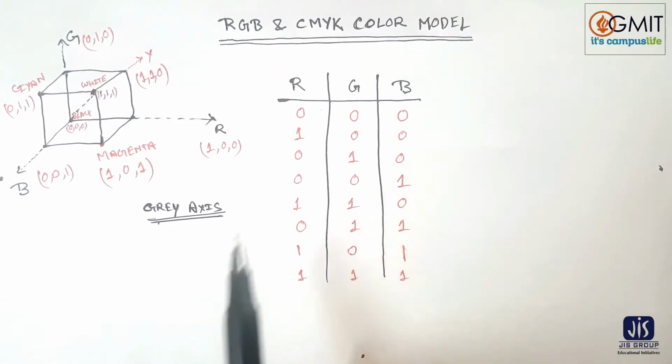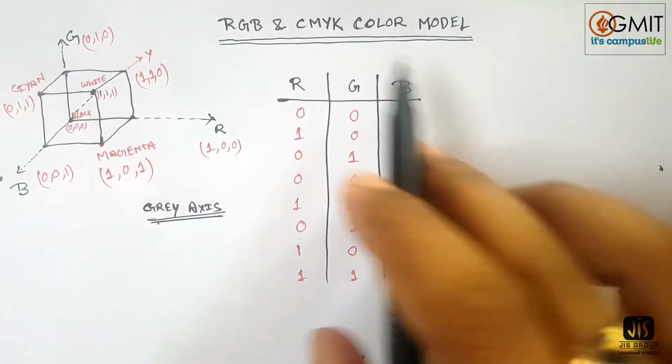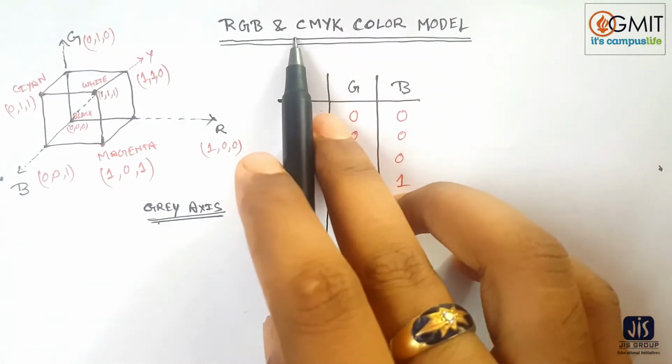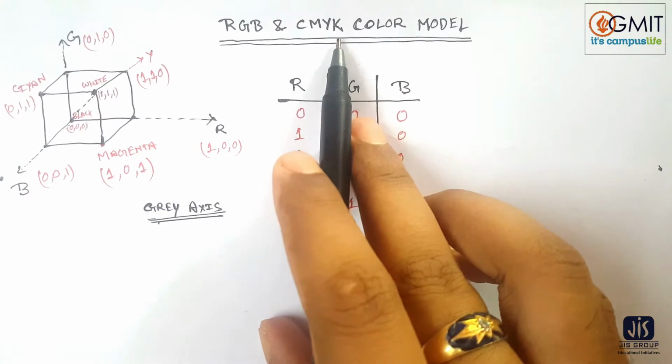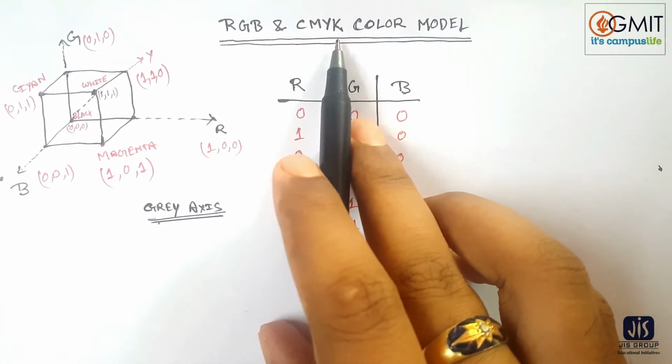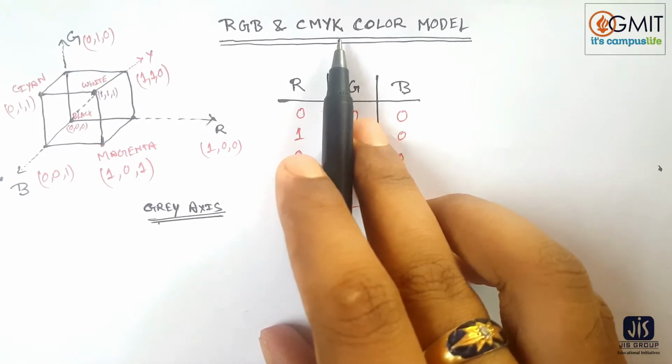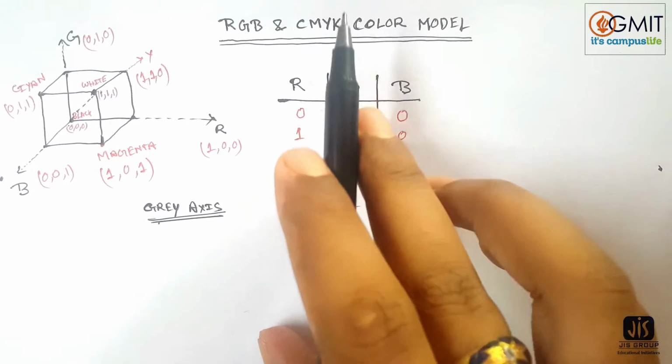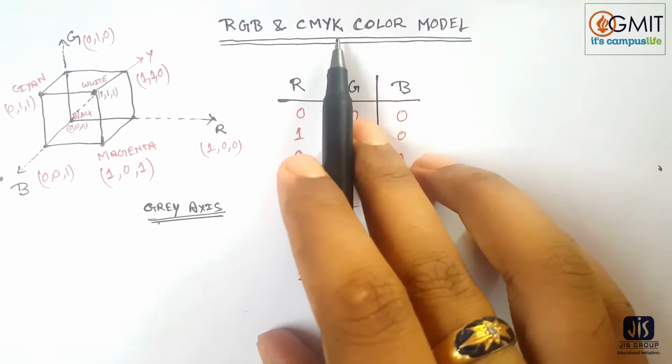Okay, similarly in case of the CMYK color model: cyan, magenta, yellow, and K stands for key color. Key stands for key, K-E-Y. Cyan, magenta, yellow and key. Here the key color is nothing but black.